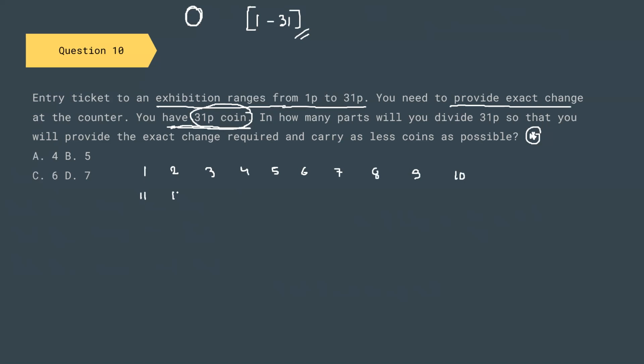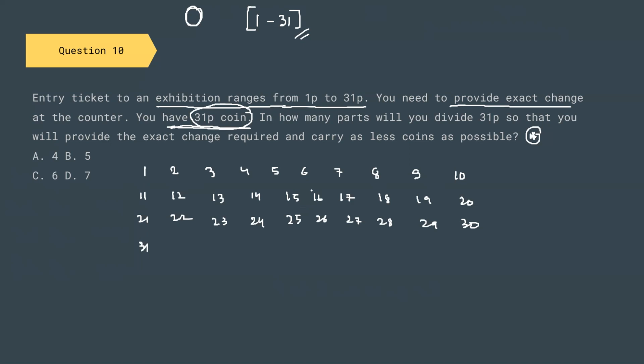Then 11, 12, 13, 14, 15, 16, 17, 18, 19, 20. Then 21, 22, 23, 24, 25, 26, 27, 28, 29, 30, and then 31. So the cost of the ticket can be any of these 31 numbers.